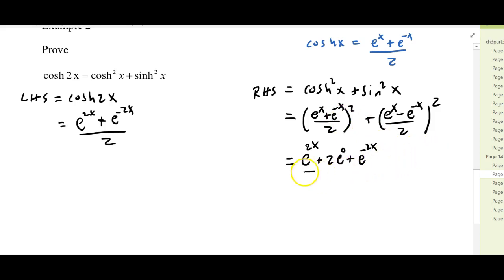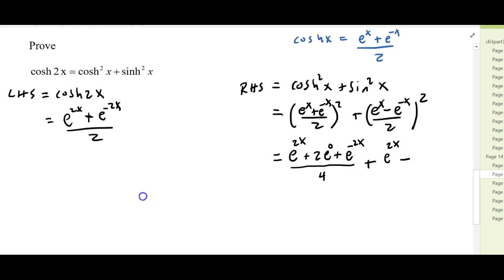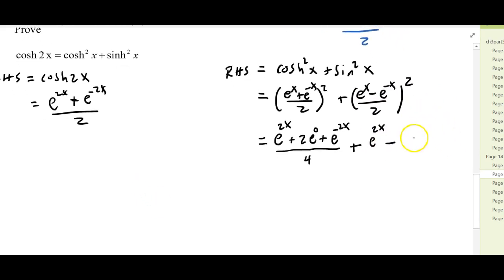All over 4. Plus, the other one's going to be e to the x squared, so that's e to the 2x, minus 2 times the product of these two, that's e to the 0, plus e to the negative x squared, so that's e to the negative 2x, all over 4.